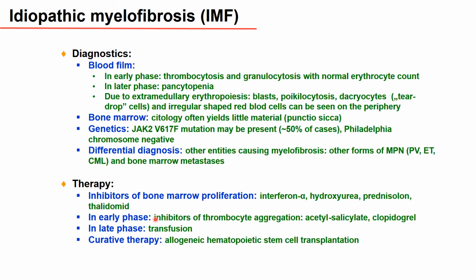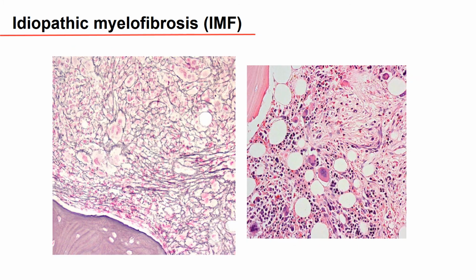And in the early phase, usually thrombocyte aggregation inhibition, acetylsalicylate, aspirin, or clopidogrel should be used. In the late phase, when the patient has thrombocytopenia or anemia, transfusion can be used, and the curative therapy is allogeneic hematopoietic stem cell transplantation, which can cure the patient.